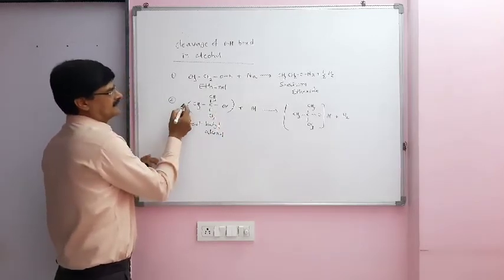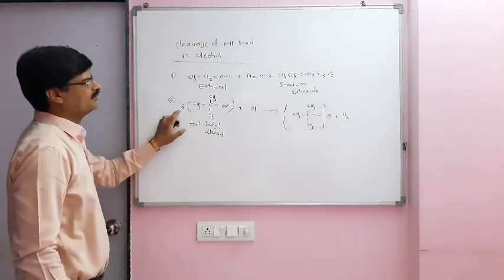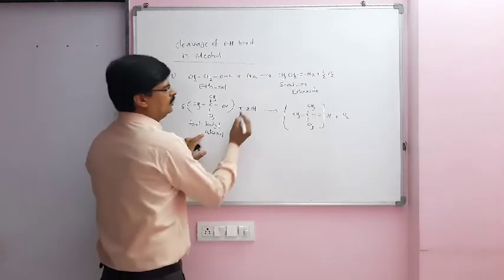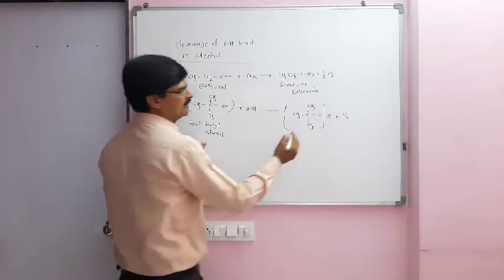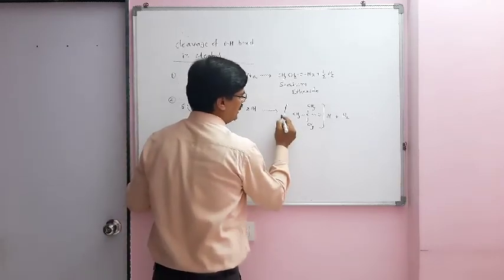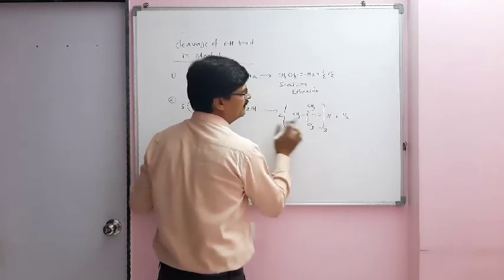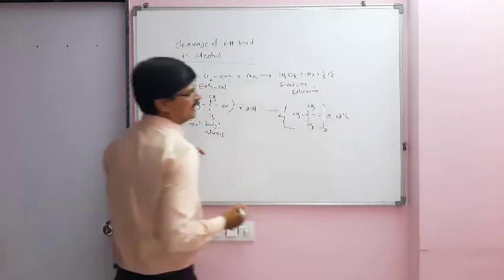To balance this, we have to take 6 moles of tertiary butyl alcohol and 2 moles of aluminium. Now here we will get 2, and if we write here 3, then this will be balanced, and 3 moles of hydrogen.